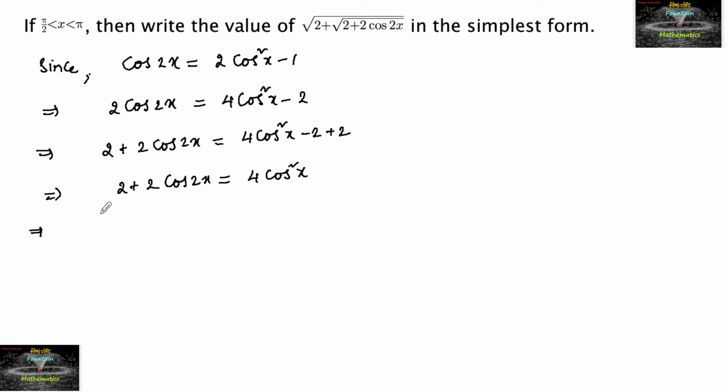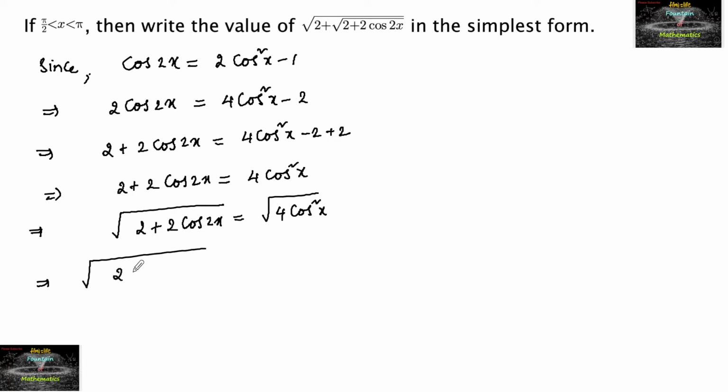Then taking root on both the sides, root over 2 plus 2 cos 2x is equal to square root of 4 cos square x. We can write it as 2 times mod cos x.